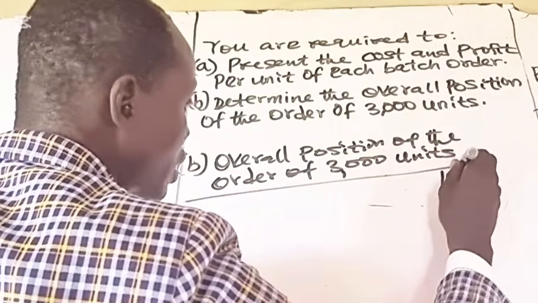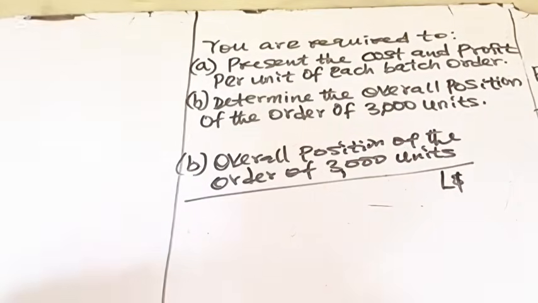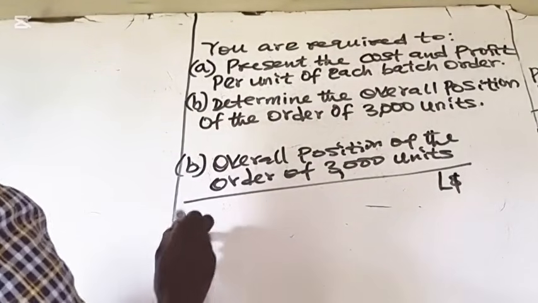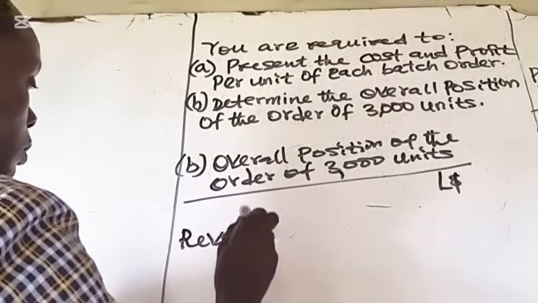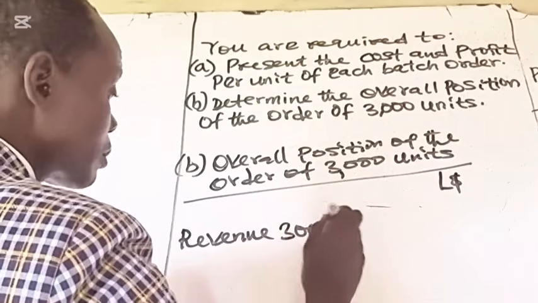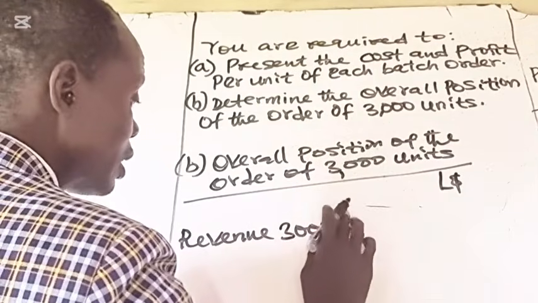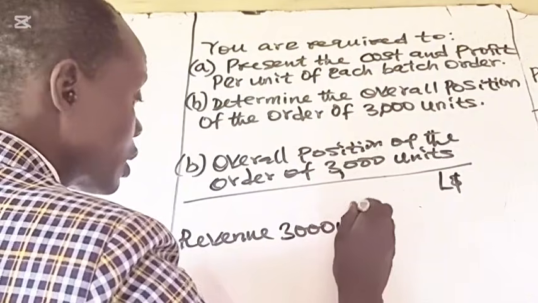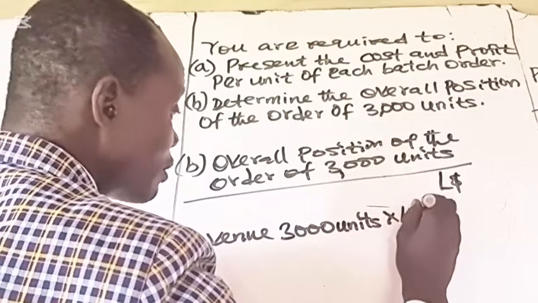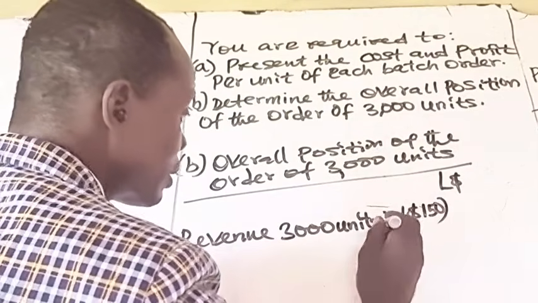So we have our workings in Liberian dollar. So you have the revenue. Remember, the selling price is 150 Liberian dollar. So revenue for 3,000 units, that will be 3,000 times selling price of 150 Liberian dollar.